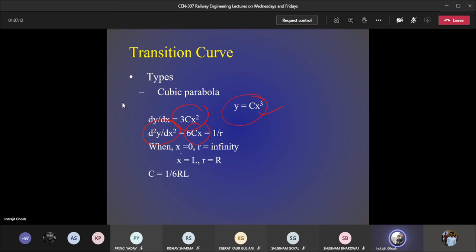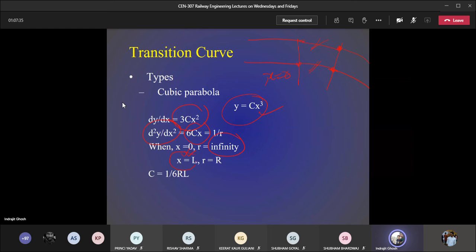Now there are two conditions. When x is equal to 0, suppose this is the straight track followed by a horizontal curve. So x is equal to 0 here. What is the radius here? This is infinite. X is L at the starting of the horizontal curve. So this is the transition curve.